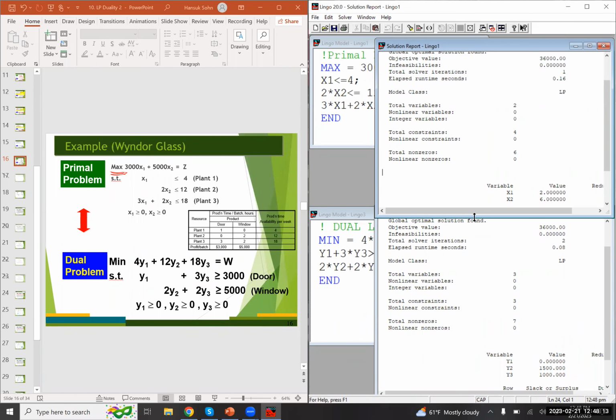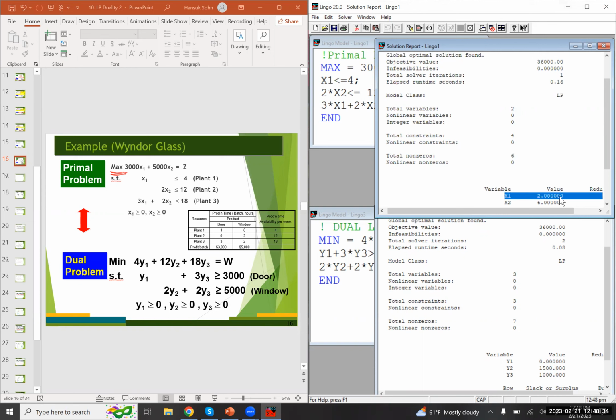So according to the LINGO output, if you look at the primal optimal solution, which is down here, we should produce 2 doors, right? X1 is the number of the glass doors produced weekly.